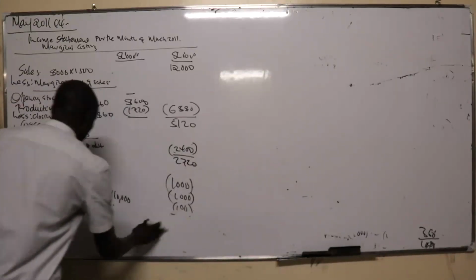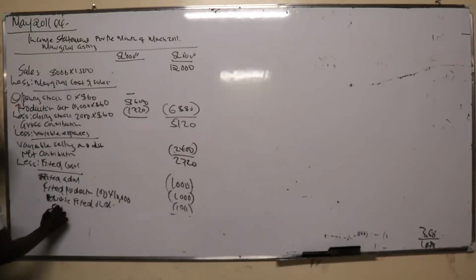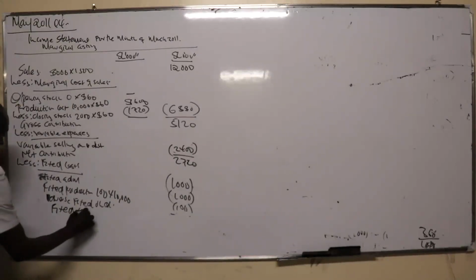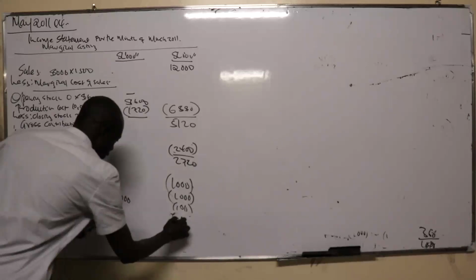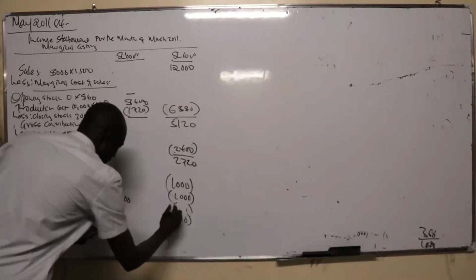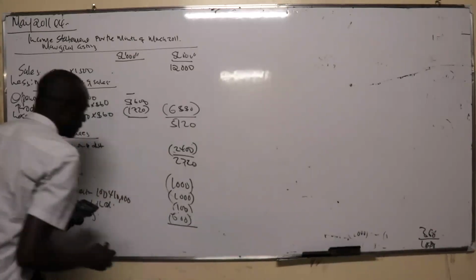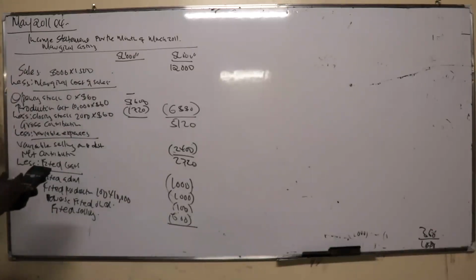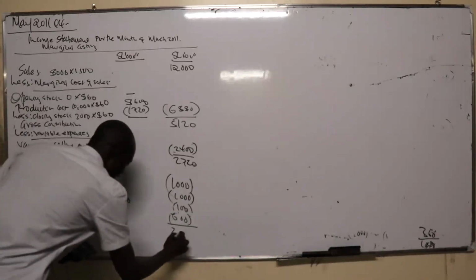And then here we'll also have fixed selling. Fixed selling was the one that was 600. So this one is 20.